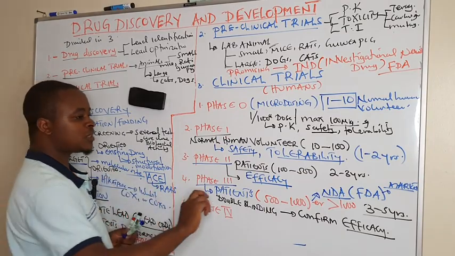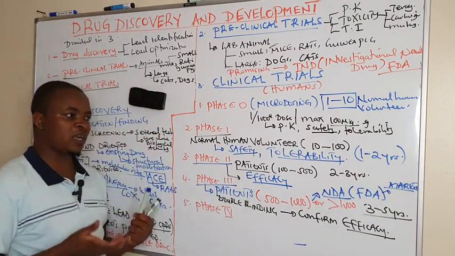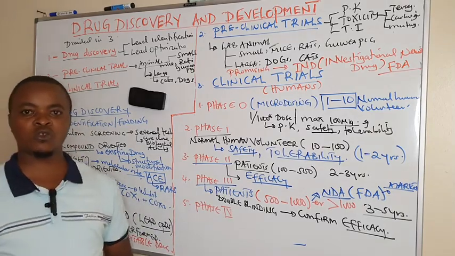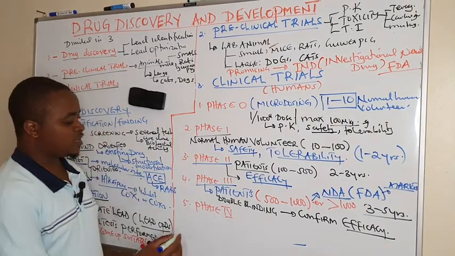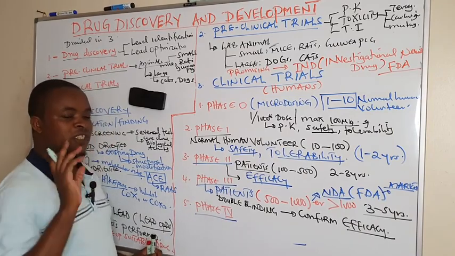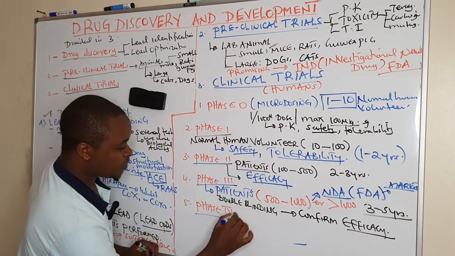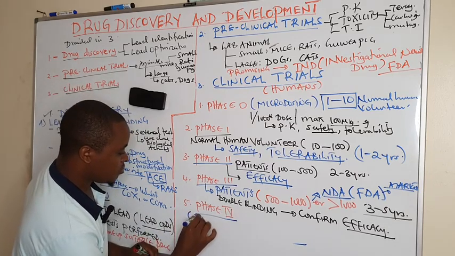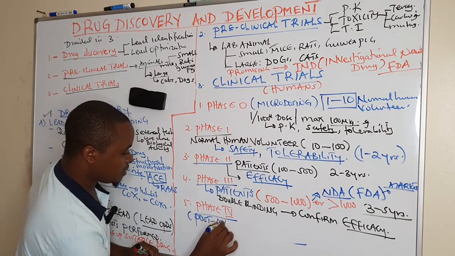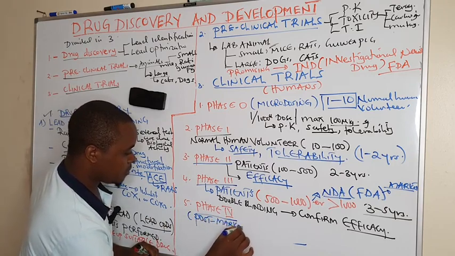Then lastly, when you start marketing and the drug is on the market, people are already consuming it, this leads us to phase 4, which is known as the post-marketing study.